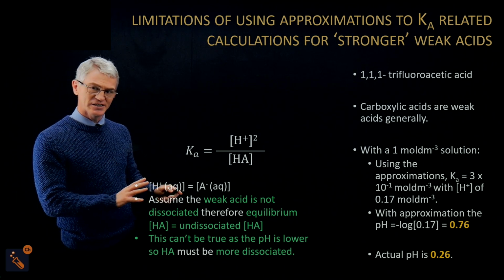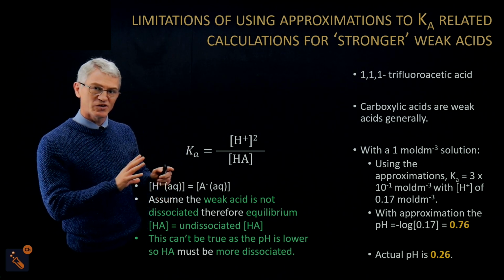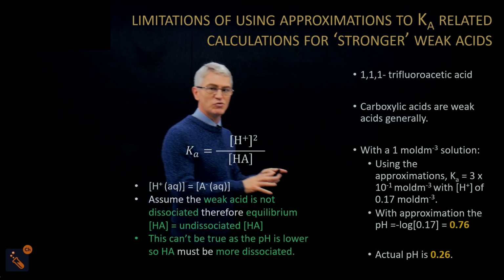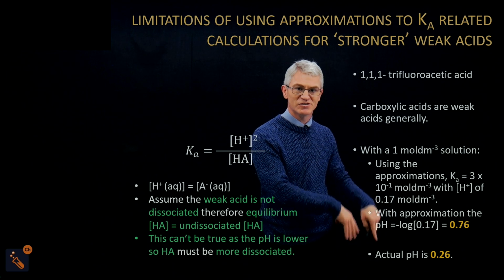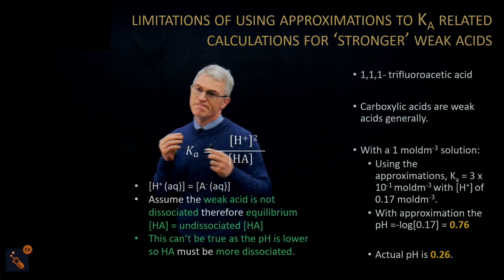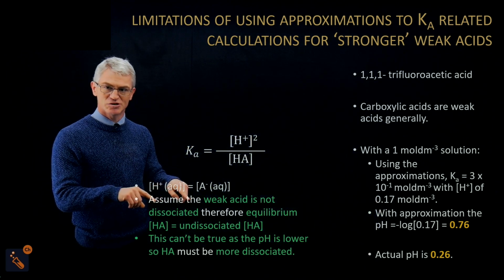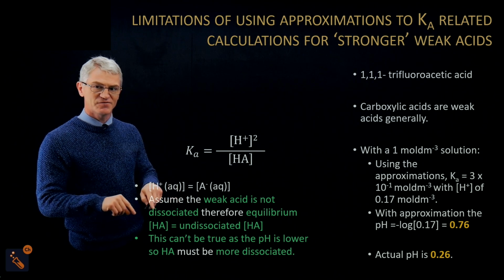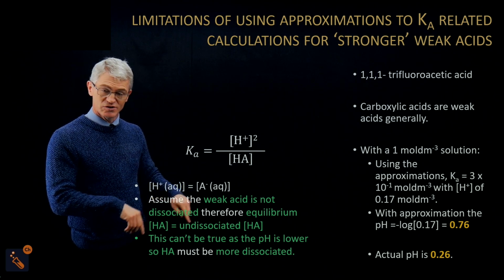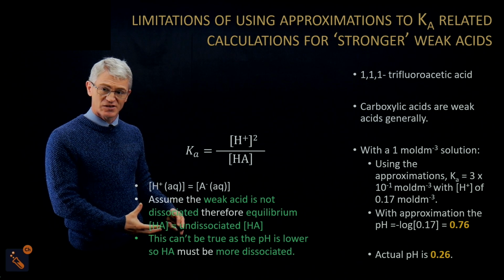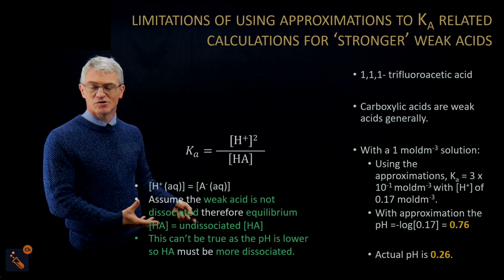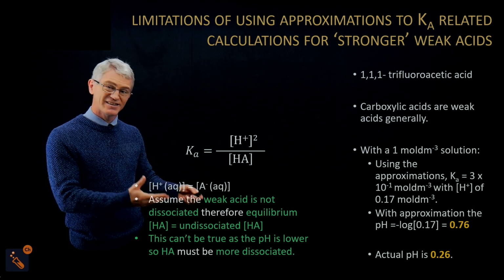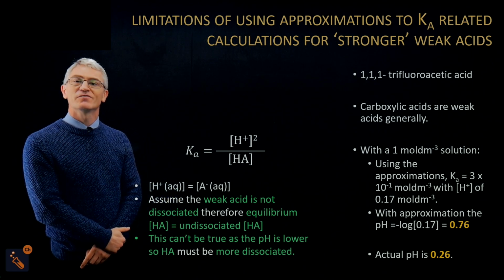So for a stronger weak acid, if you are told in the question that the pH calculated with the approximations is not the same as the actual pH, it must mean that this assumption is not correct, and therefore the equilibrium is more to the right, so some of the HA must have dissociated, more than it does in the approximation. And here is your answer for this question.